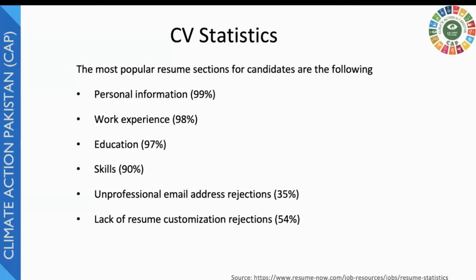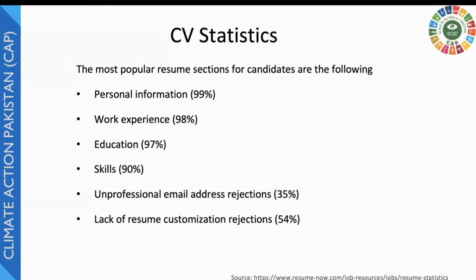Okay, so here are some statistics on the popular areas that an employer or a recruiter looks at in your CV. 99% of people go to see your personal information, which means it is very important. Everyone sees your personal information, so you should have it in your CV.